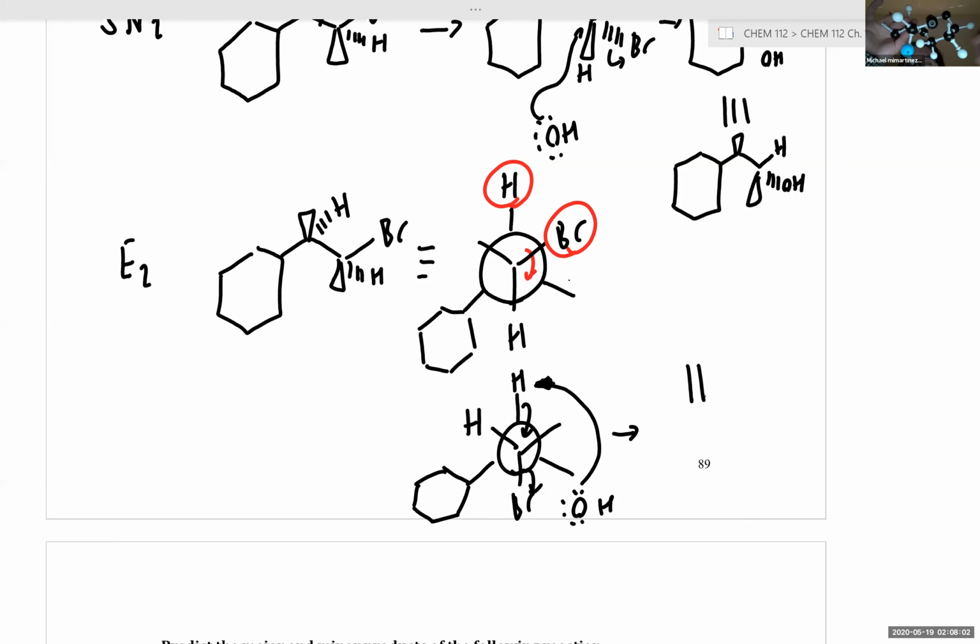We have the methyl in front. Yep, that's for sure. Okay, and what else? What else is on the right? The cyclohexane ring. One moment, let me just check our structure really quickly.